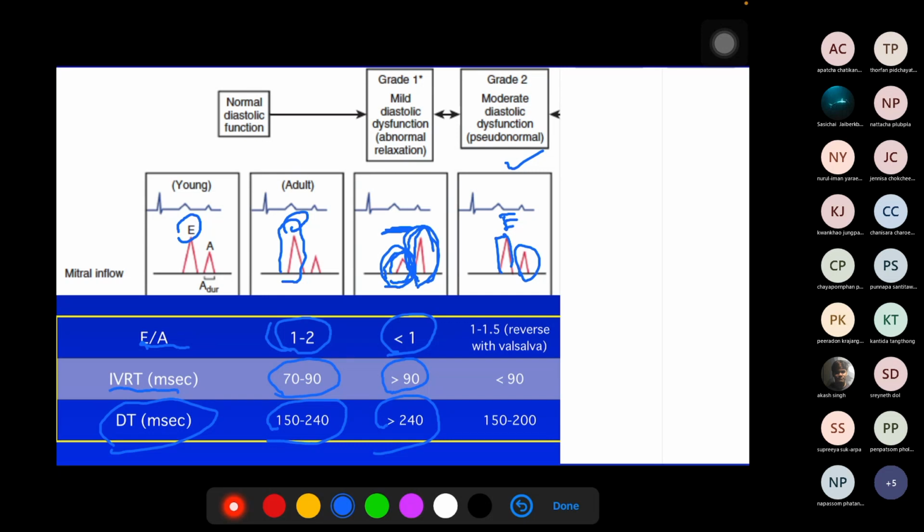That's why it changes from grade 1 to grade 2. That's why the E wave is over the A wave again.